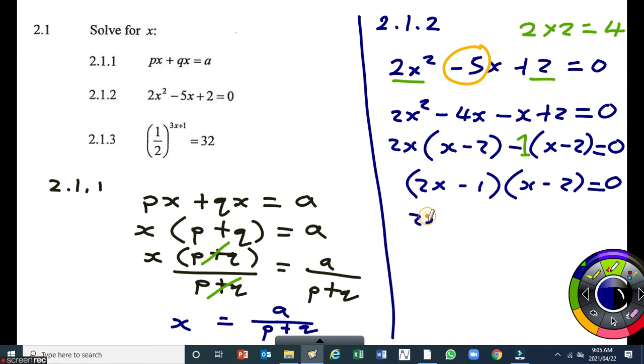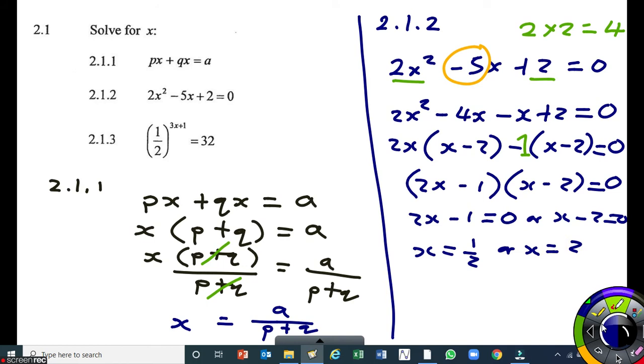And then you equate each binomial to 0. So your x is going to be positive a half, or x is going to be positive 2. Mark your work and give yourself a mark for factorizing the trinomial correctly, and 1 mark for each answer.